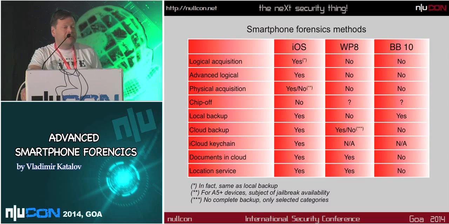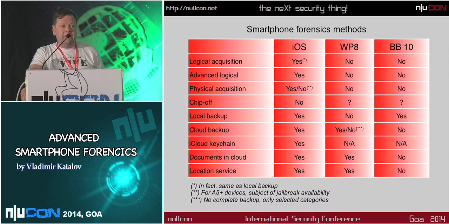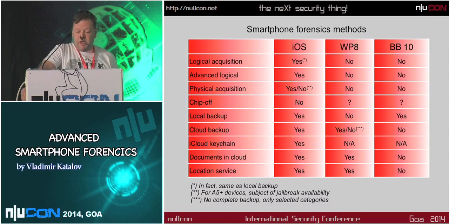So for different platforms, there are different methods available, starting from logical acquisition, which is probably the simplest method, just connecting the cable to the smartphone and to the computer and running some software that gets information out of there. For iPhone, there is a kind of logical acquisition called advanced logical. That's not an official method, and it requires a lot of experience, and I will tell you more about that.